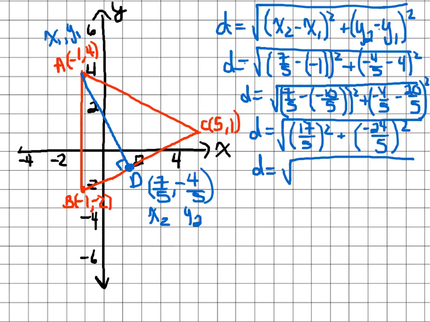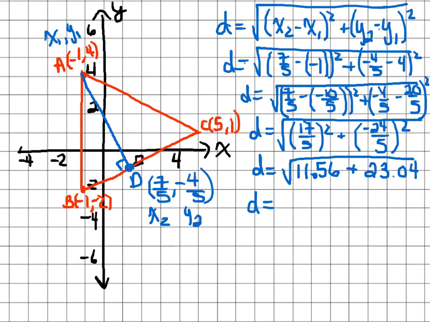So 17 over 5 all squared is 11.56, plus, and minus 24 divided by 5 all squared is 23.04.